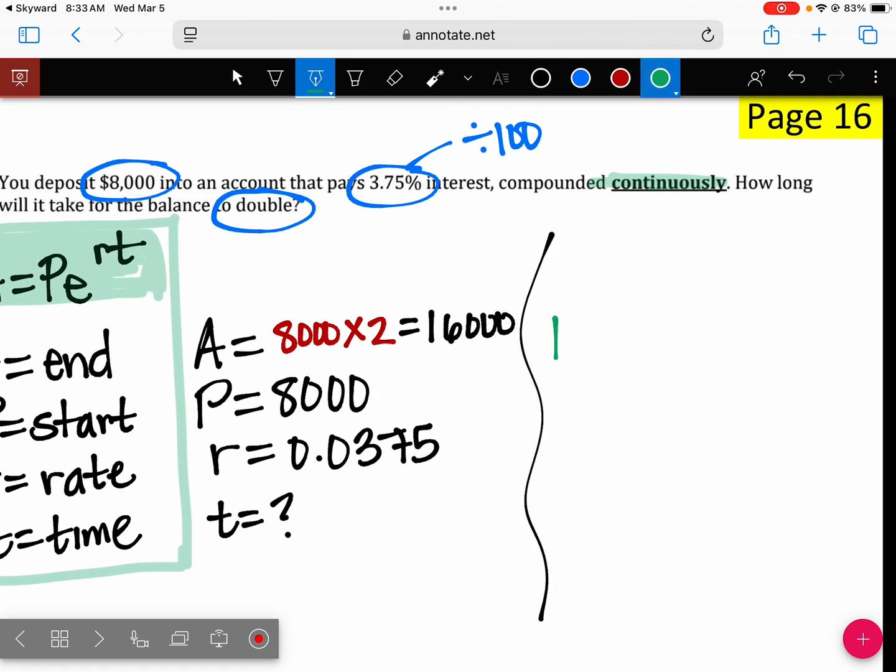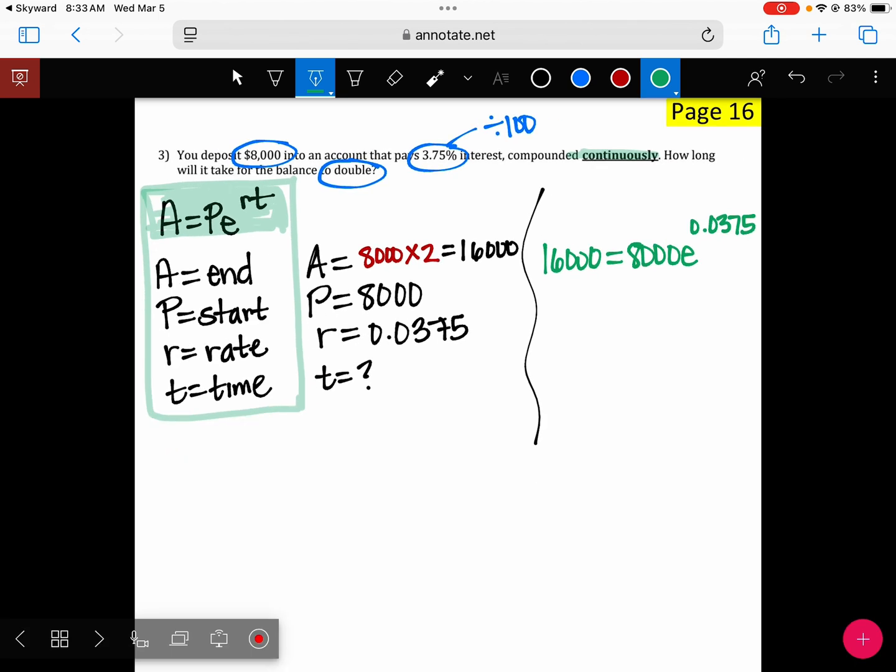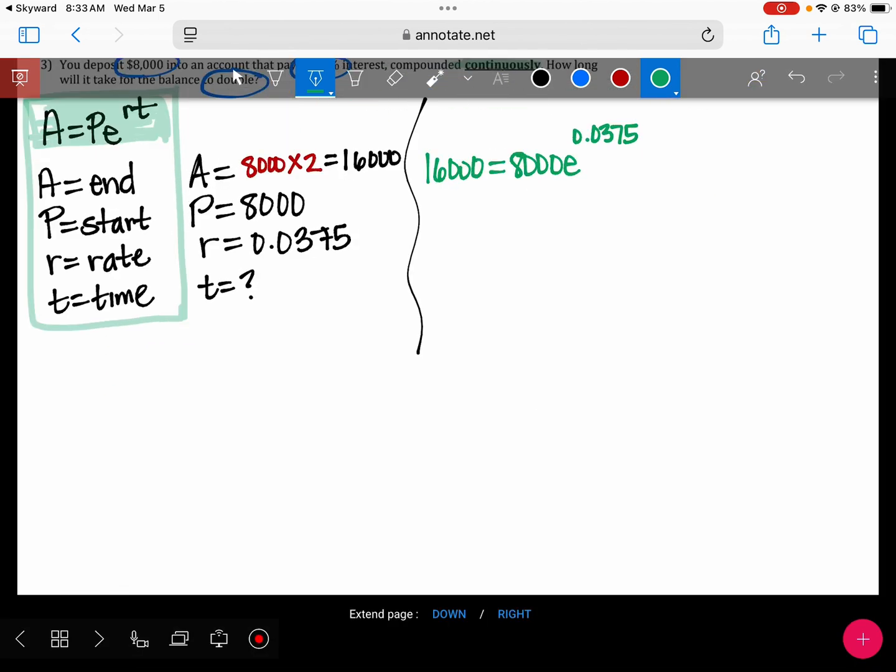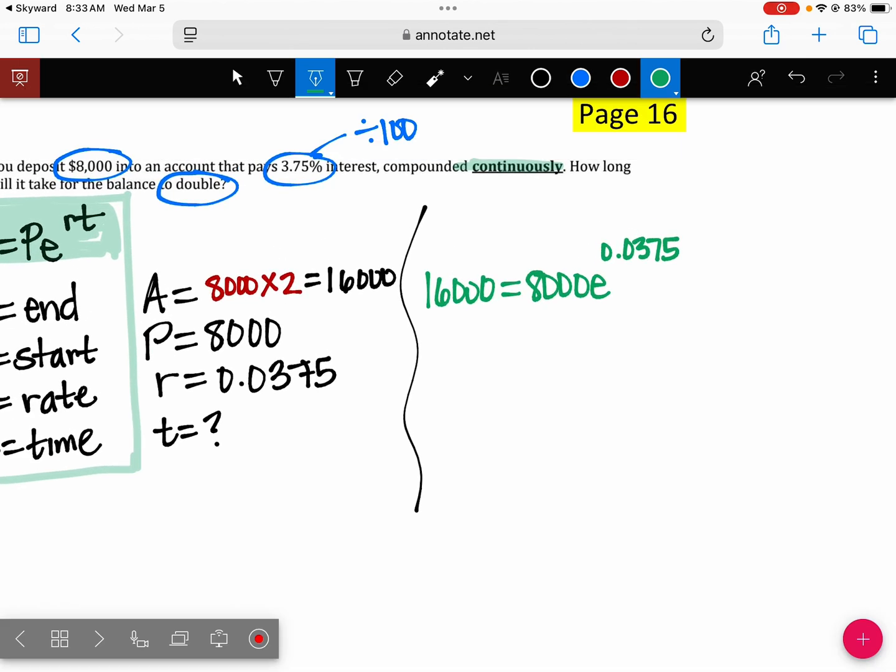So we have 16,000 equals 8,000 e to the 0.0375t. Ran out of space. Hold on. There we go. All right, so let's divide both sides by 8,000. The steps to solve it are the same steps we use in numbers 1 and 2. We're going to divide, put in a natural log, and then divide again.